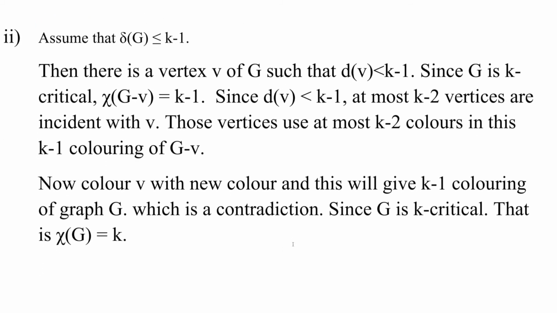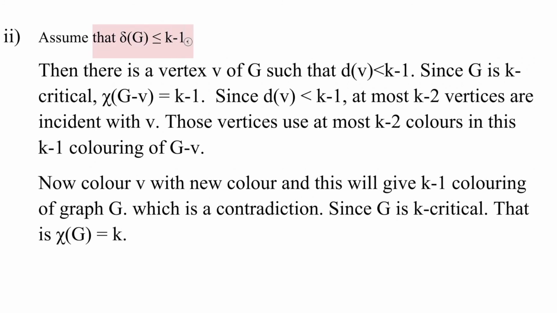For the second statement, assume that delta of G is less than or equal to k minus 1. Then there is a vertex V of G such that d of V is less than k minus 1. Since G is k-critical, chi of G minus V is equal to k minus 1.